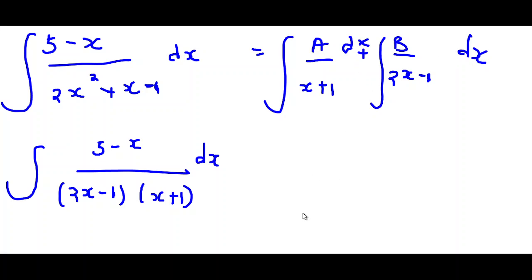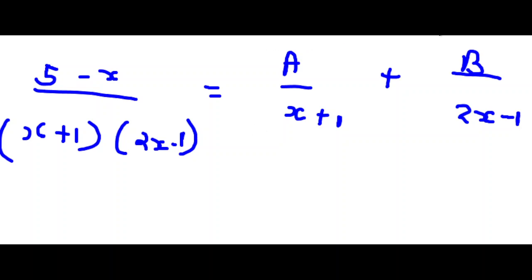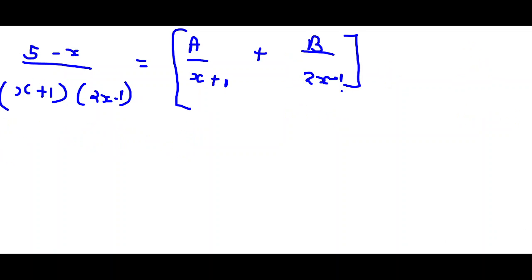So we later get rid of that dx, whereby we're going to have 5 minus x over x plus 1 and 2x minus 1 equals a over x plus 1 plus b over 2x minus 1, and that's what you're left with. We then find the LCM, which will be x plus 1 and 2x minus 1.